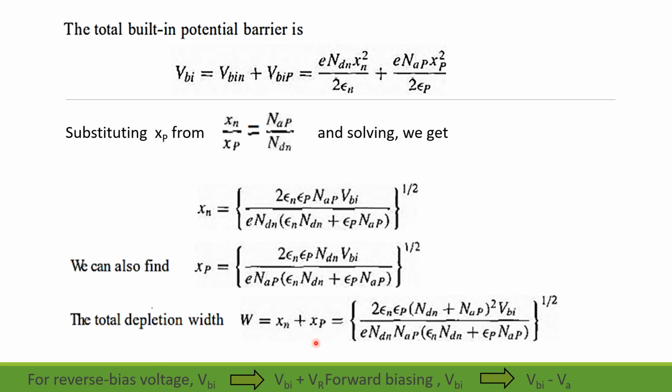We can use all these equations for forward biasing and reverse biasing. For reverse biasing, we replace VBI with VBI plus VR, and for forward biasing, replace VBI with VBI minus VA, where VR is the magnitude of the reverse bias voltage and VA is the magnitude of the forward bias voltage.